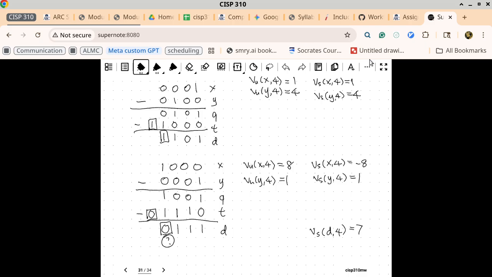That should not happen. So we are going to use only those 3 bits to help us decide whether an overflow is happening or not. I'm going to circle which 3 bits we're looking at: x3, y3, and also d3 to determine whether there's an overflow situation or not.